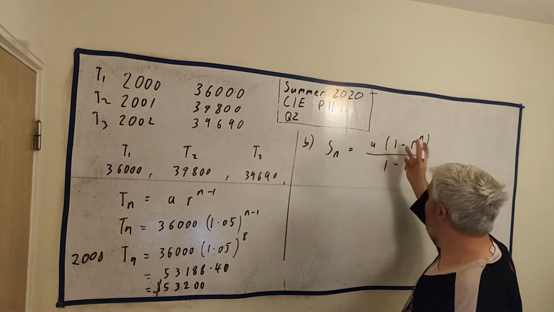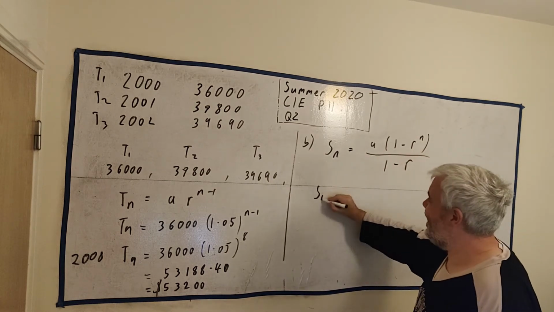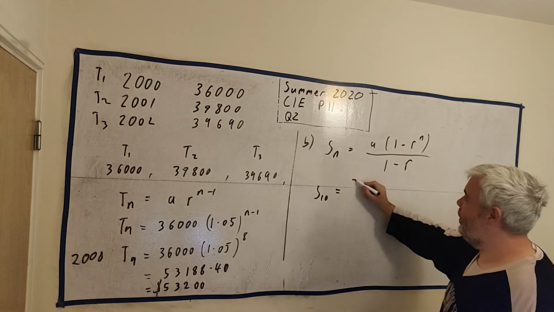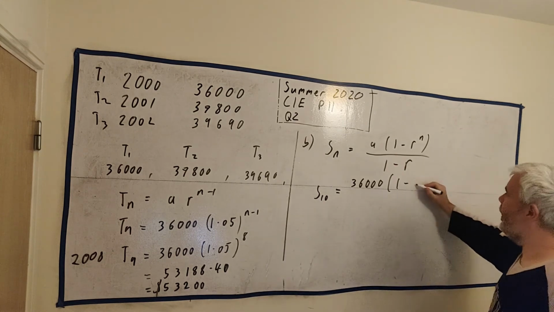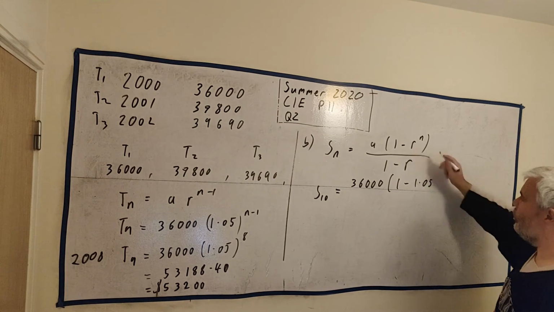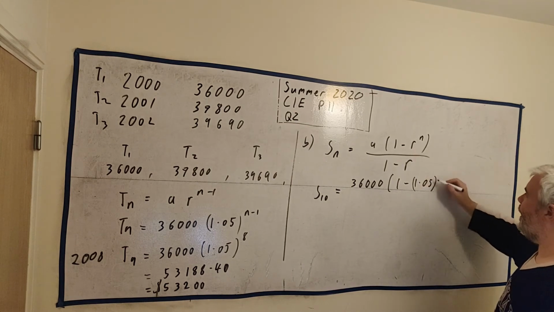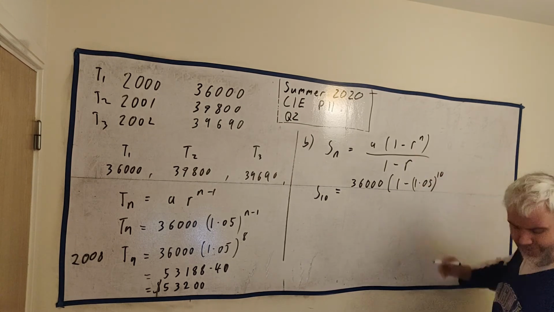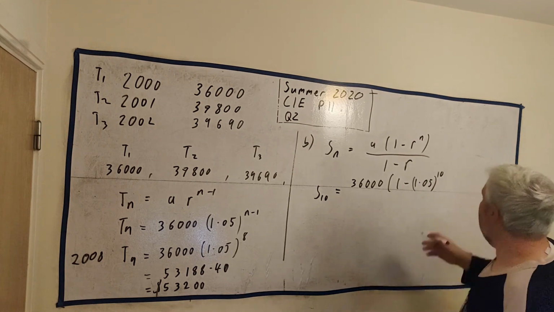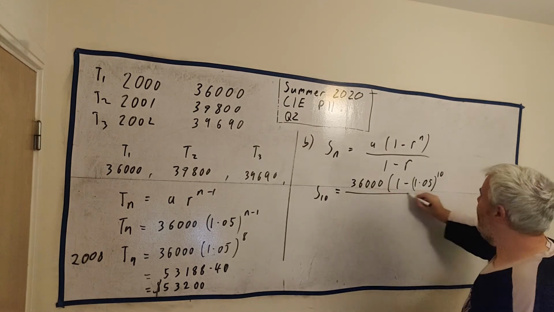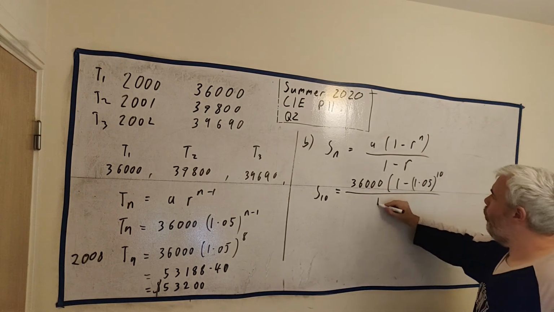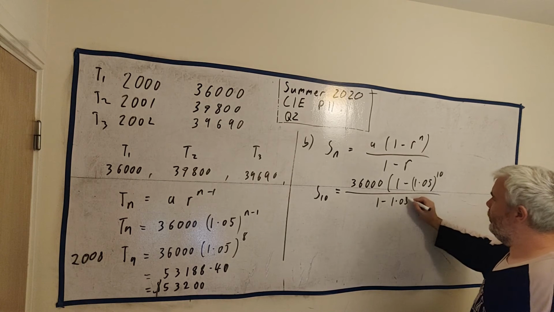And we know what most of this is. So S10 is equal to 36,000, that's what a is, times 1 minus 1.05, that's what r is, to the power of 10, all divided by 1 minus 1.05.